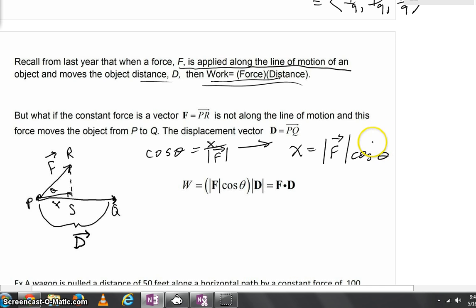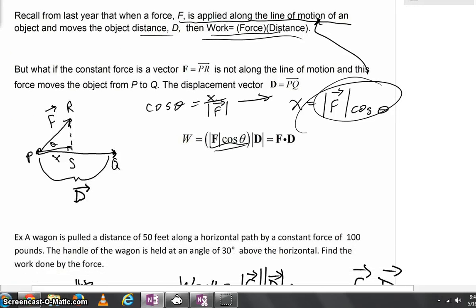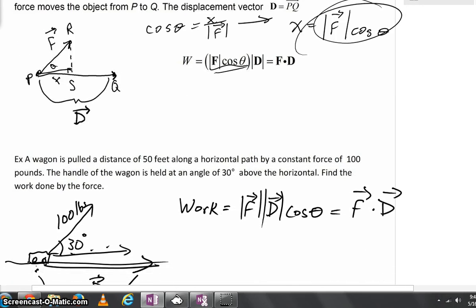So this again is the component of the force vector in the direction of vector PQ. So now I have this force vector that's on the line of motion, where we were having that distance moved. So this is the length of vector F cosine of theta times the length of vector D. If we look at that, we'll realize that's the definition of the dot product of the force vector with the displacement vector. So F dot D is work.